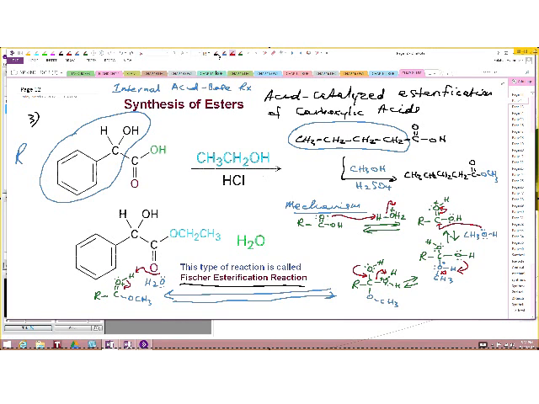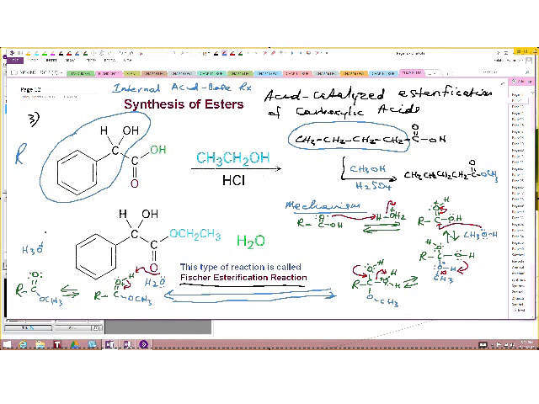So now we have this plus the hydronium ion here. Okay, so that is the mechanism for the generation of your ester.